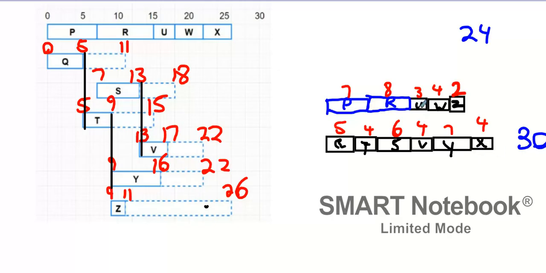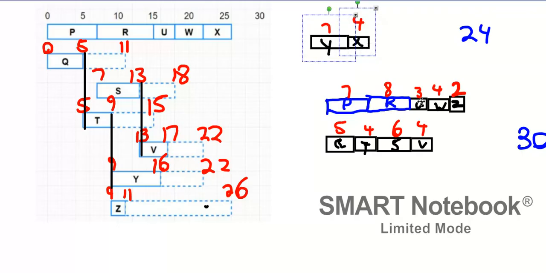Could I shorten? Do you see these middle two? Could I exchange one of them maybe? I'm trying to think. I like Y and X together. I think that's a good idea. Y and X combined, all right?